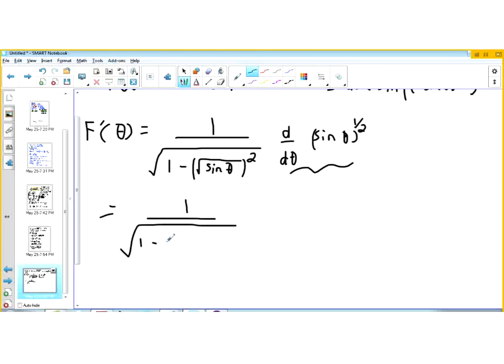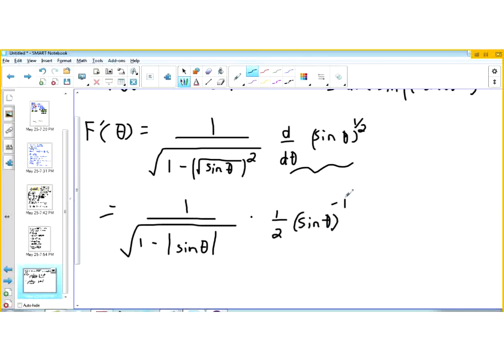All right, so now we can simplify this. So this would be 1 divided by the square root of 1 minus what? Well, the square root of something squared is its absolute value. So it would be 1 minus the absolute value of sine theta. So obviously theta can't be pi halves, right? You would have trouble. So 1 minus the absolute value of sine theta times what?